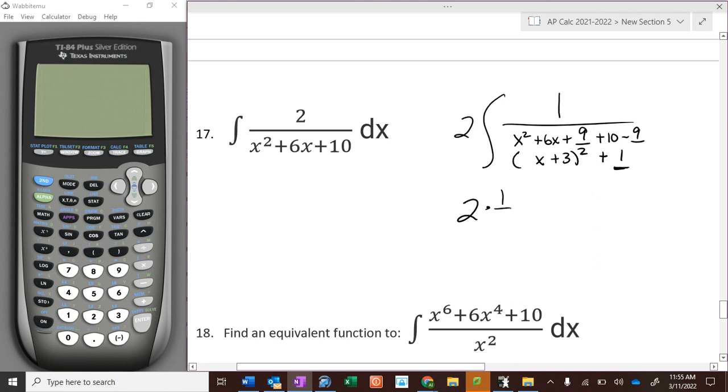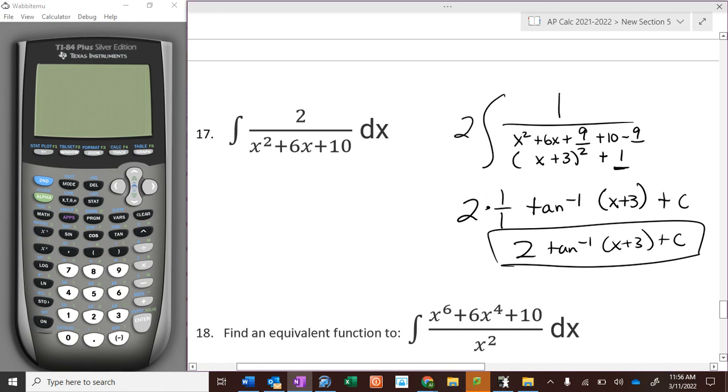So it's times 1 over 1, and then it is the inverse tangent of u, which is x plus 3 over 1, plus c. So it's 2 times the inverse tangent of x plus 3 plus c. That's gonna be a good guess. It's gonna be a great guess.